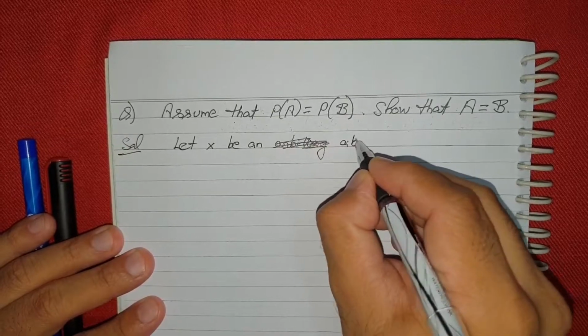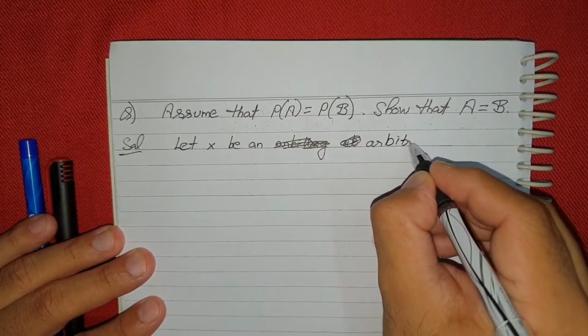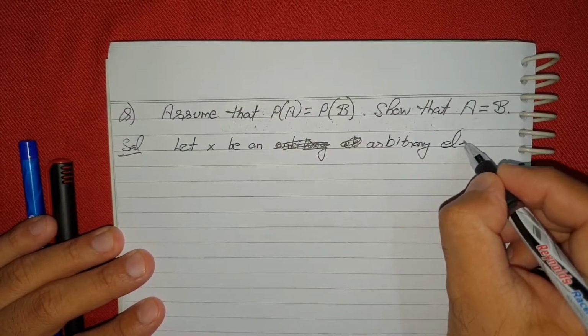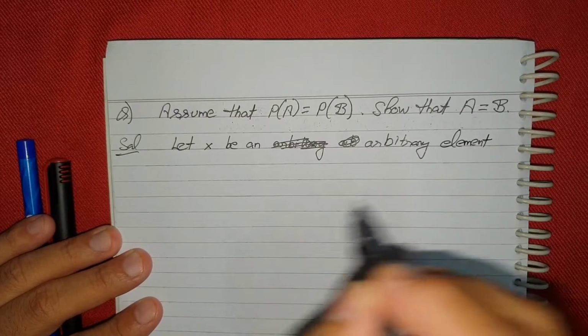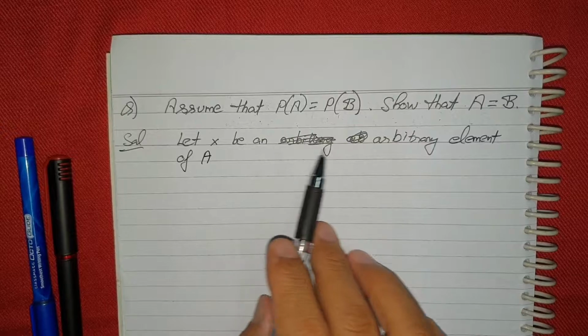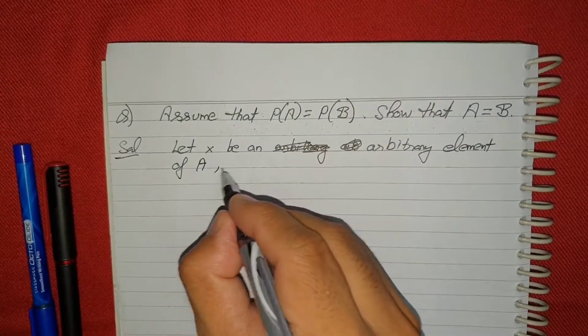Let x be an arbitrary element of A. Okay, so x be an arbitrary element of A, then there exists a subset.